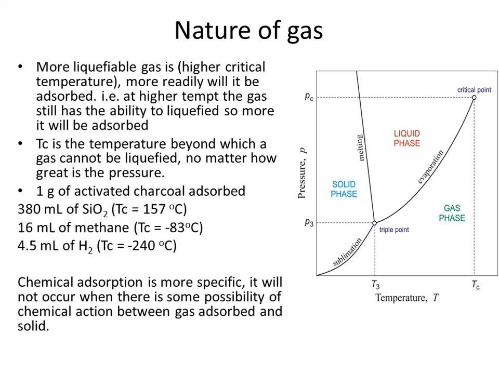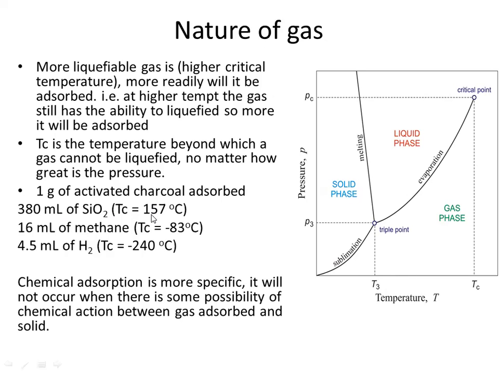The greater the extent, the more it is liquefiable at high temperature. So the higher the critical temperature, the more it is going to be adsorbed on the surface of the adsorbent. Three examples are mentioned here.